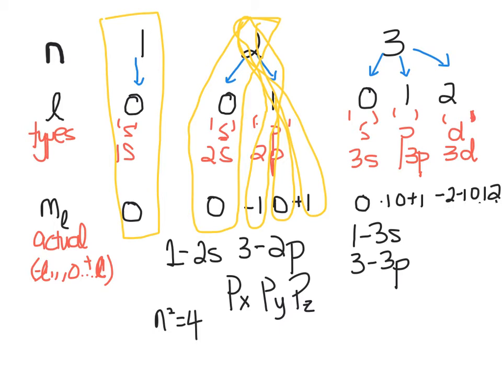So we end up with 5 d orbitals on the third energy level. 5 3d orbitals. So our n squared was 9. And here you go. Here's your 9. 5 plus 3 plus 1 is 9 orbitals.